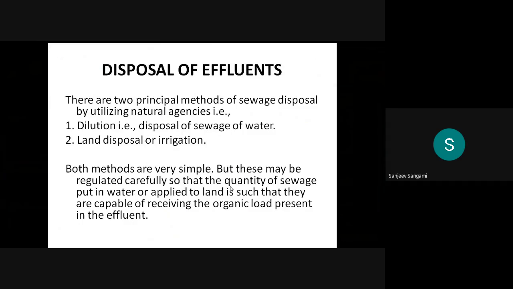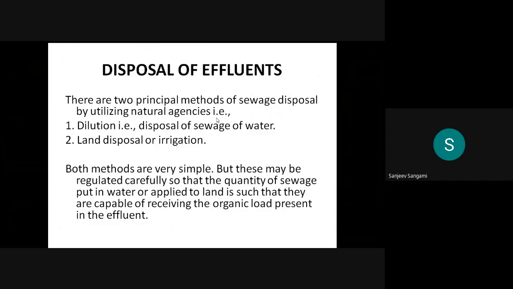Actually, we have studied some of the basic concepts of some of the physicochemical parameters and biological parameters like BOD, some of the nitrates, chlorides, and why they are important in environmental engineering. Now the application will start. Whichever things we have studied, we have to apply to either industrial wastewaters or municipal wastewaters.